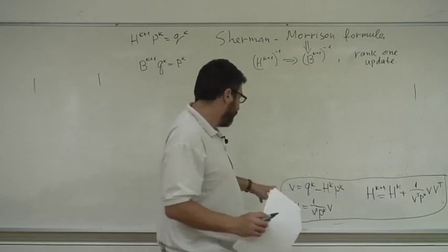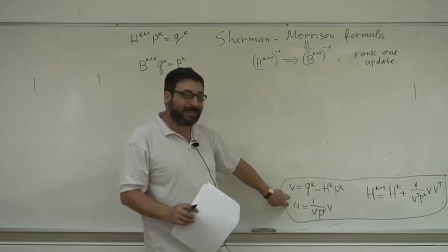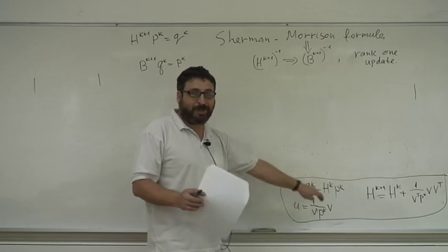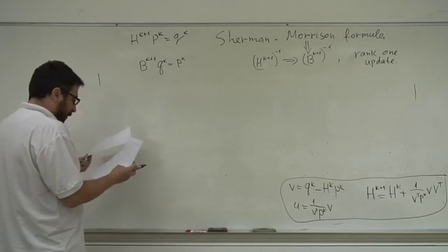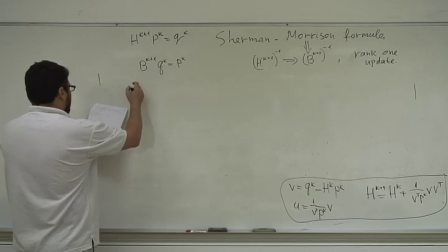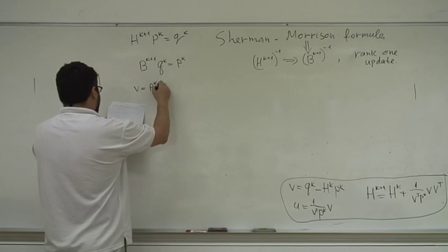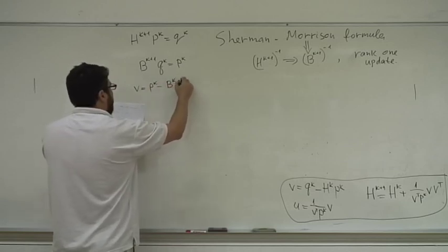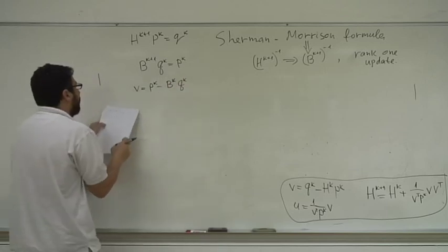And that's why I can just rewrite this formula, writing Q in places where there was P and P in places where there was Q, and check that I am right. So V will be PK minus BKQK. And B instead of H, yes?